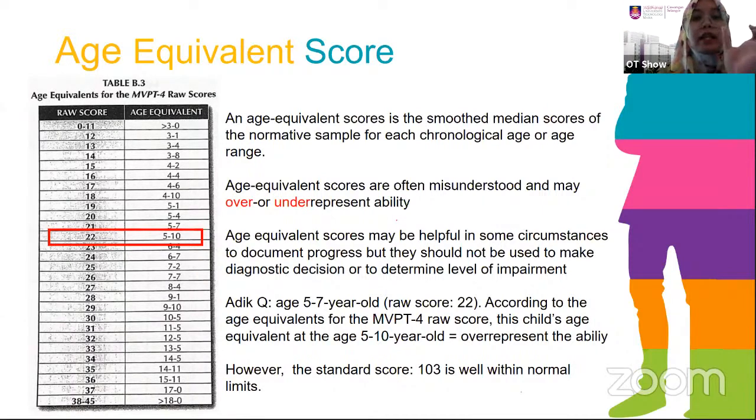So 103 dia well within normal limit. Maksudnya dia tak adalah advanced ke apa ke, dia within normal limit. So age equivalent score ni dia tak betul-betul represent kanak-kanak tu punya ability lah. Cumanya age equivalent score ni dia membantu dalam documentation progress. Tapi kita tak boleh guna semasa nak diagnostik ataupun nak determine level of impairment seseorang kanak-kanak tersebut.